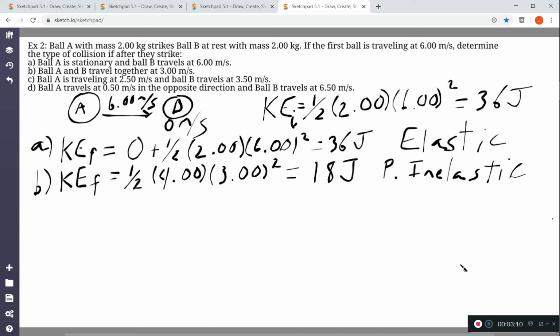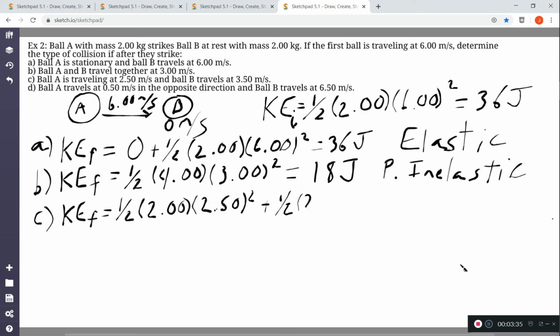All right, part C. Ball A is traveling at 2.50 meters per second. Ball B is traveling at 3.50 meters per second. Ball A has a mass of 2 at 2.5, and ball B has a mass of 2 at 3.5.